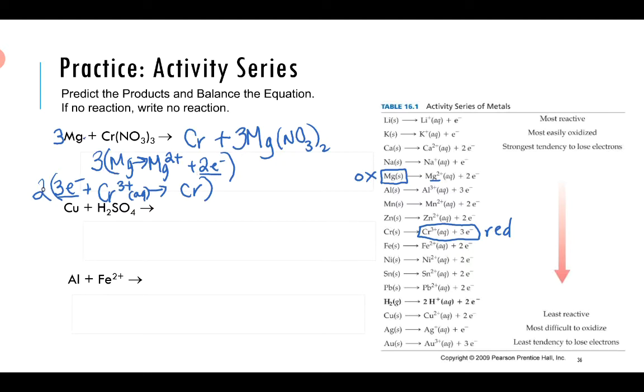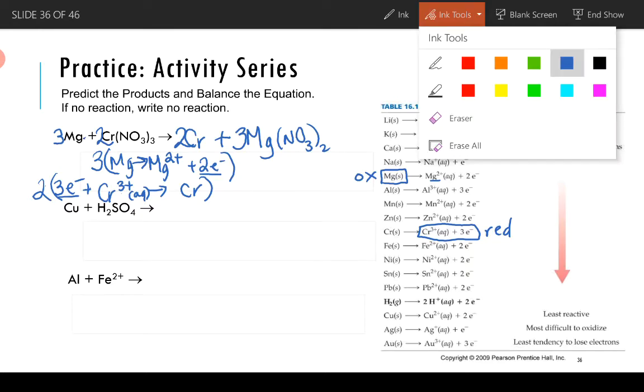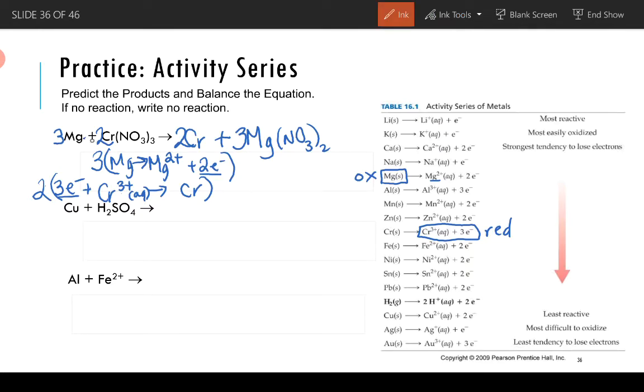And then my chromium, I'm going to need 2 chromiums. And so I just worked out my coefficients, and then my nitrates should be balanced. I have 3 times 2, and so that's 6 nitrates, and then 2 times 3 is also 6, so that's 6 nitrates. So I'm balanced there. Let's change colors and do the next one.